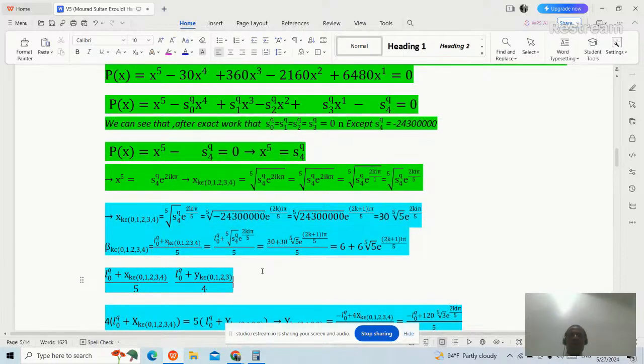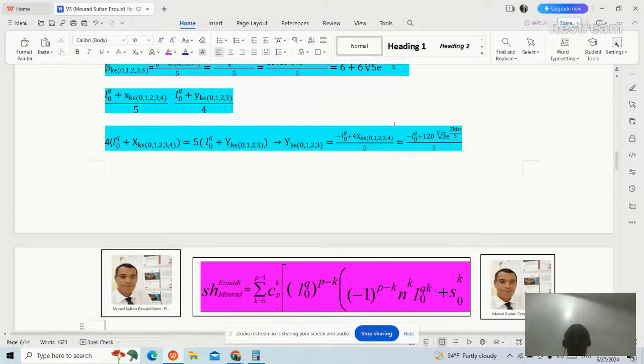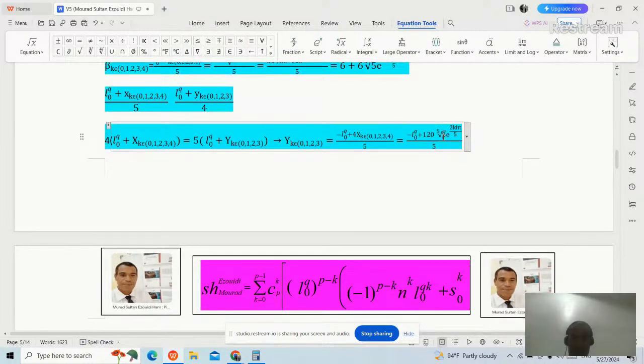Now learners, if you go back to the polynomial that we did, I'll just change this one by 5 because this is the root, and it will be multiplied by 4. You see this new polynomial of power 5 has the same root as the polynomial of power 4. It means x0 for the cube plus x_k, k belonging to 0, 1, 2, 3, 4, is equal to x0 for the cube plus y_k, k belonging to 0, 1, 2, 3, over 4.